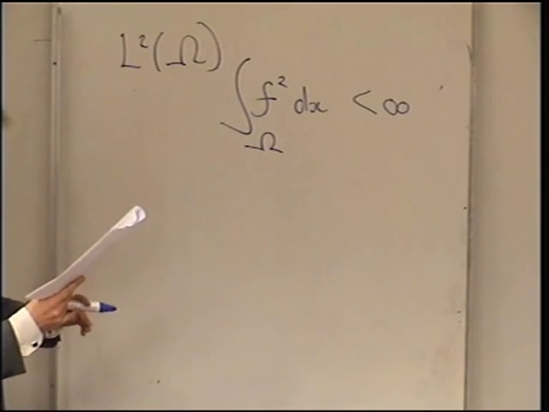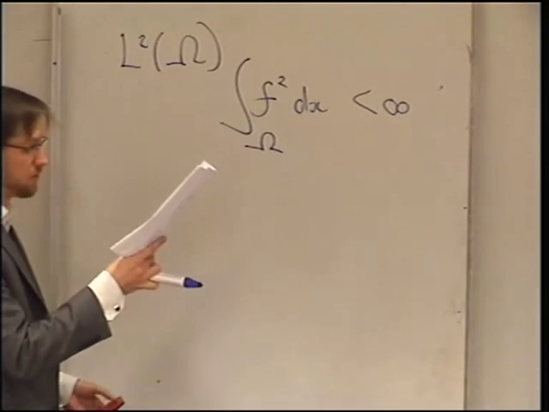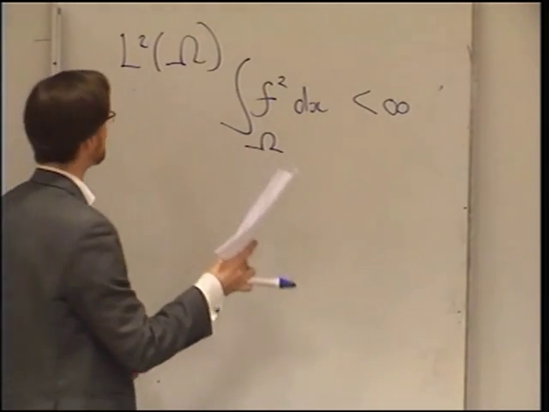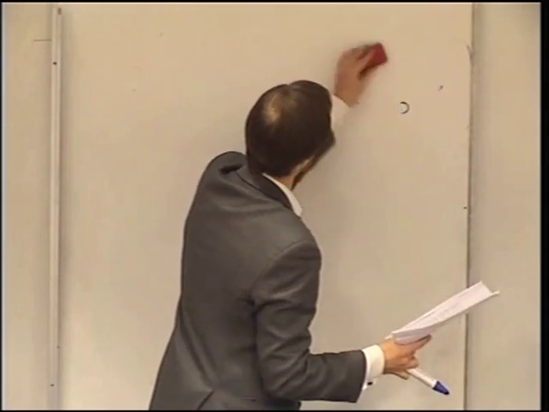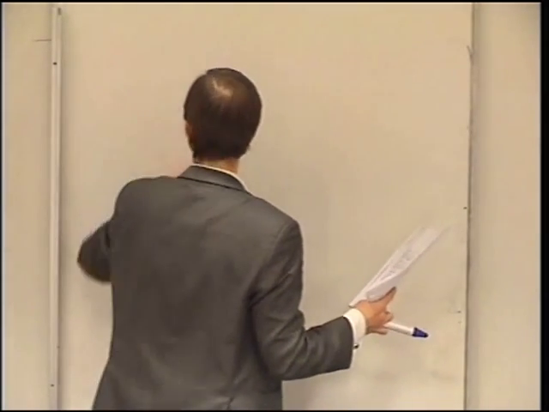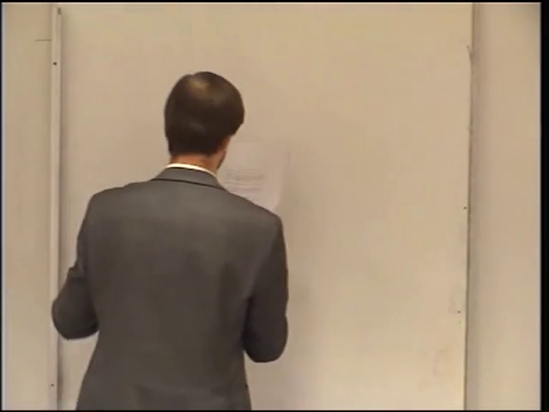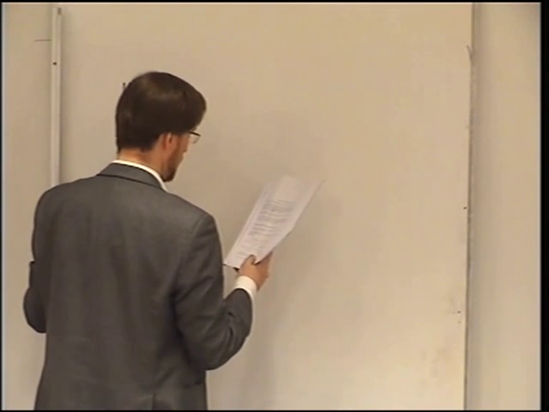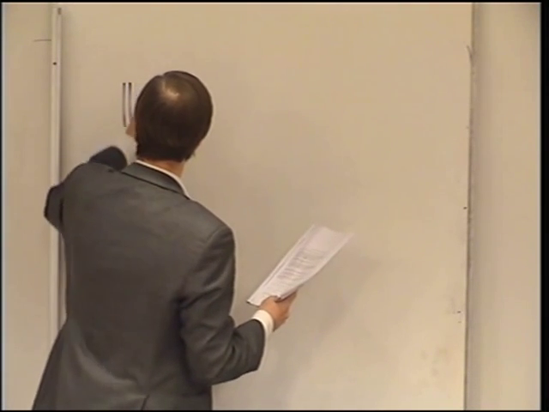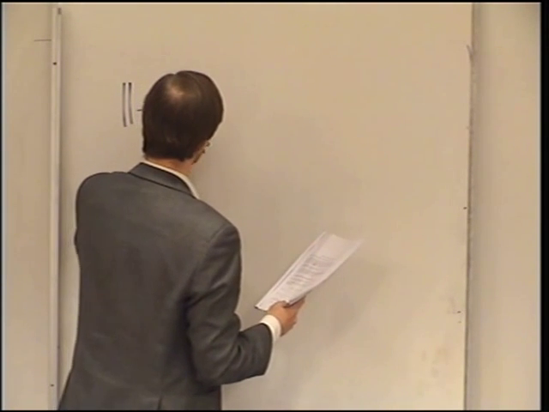So now we've got our concept of a weak derivative, and what we're going to do is define a new norm. This new norm is called the Sobolev norm. Sobolev was a 20th century mathematician, really important in the theory of this whole area.